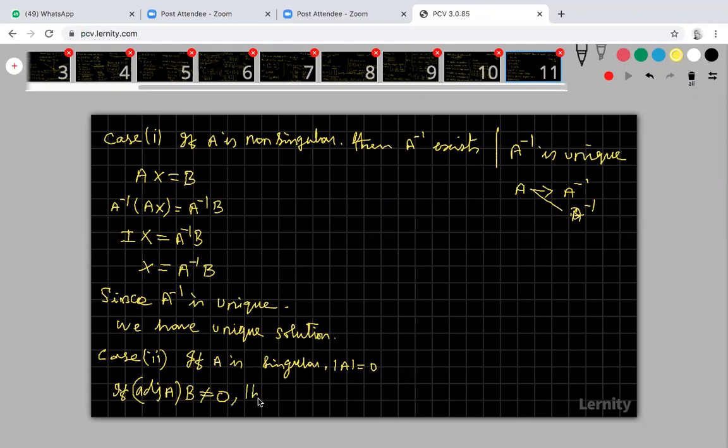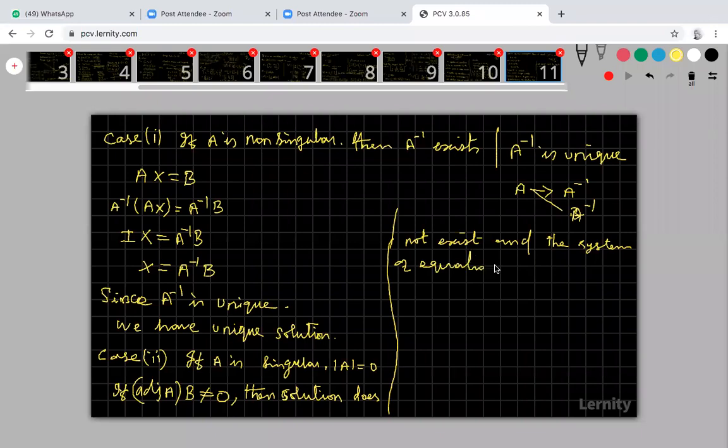Then the solution does not exist, and the system of equations is called inconsistent.